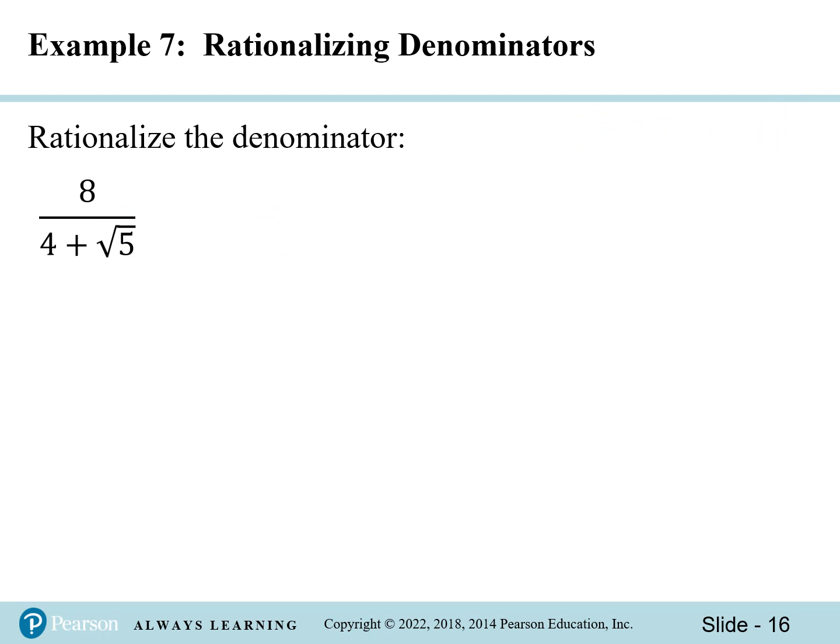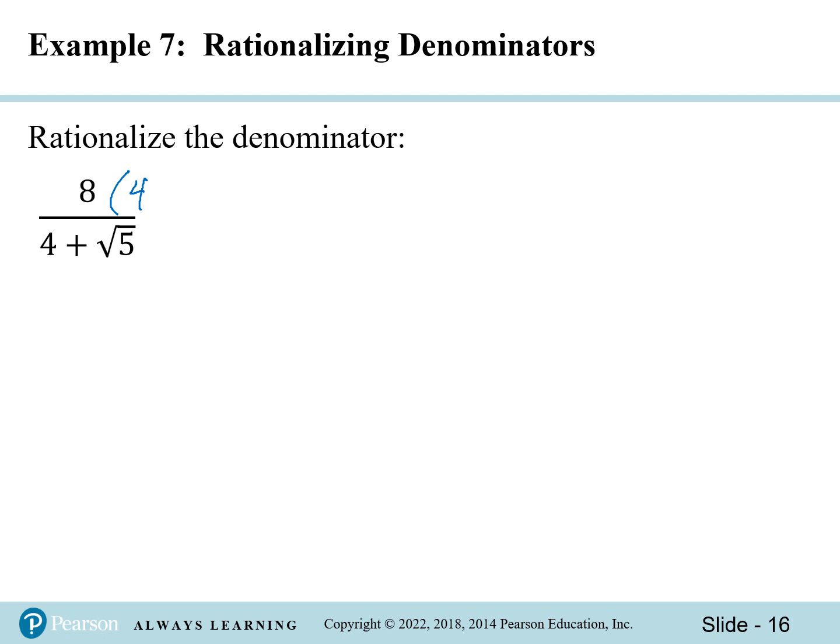This one has 2 terms in the denominator. With 2 terms in the denominator, we are not just going to multiply by the square root of 5. What we have to do instead is multiply by 4 plus the square, hold on, let me find my eraser here. Erase. I said 4 plus the square root of 5, and then I wrote 4 times the square root.